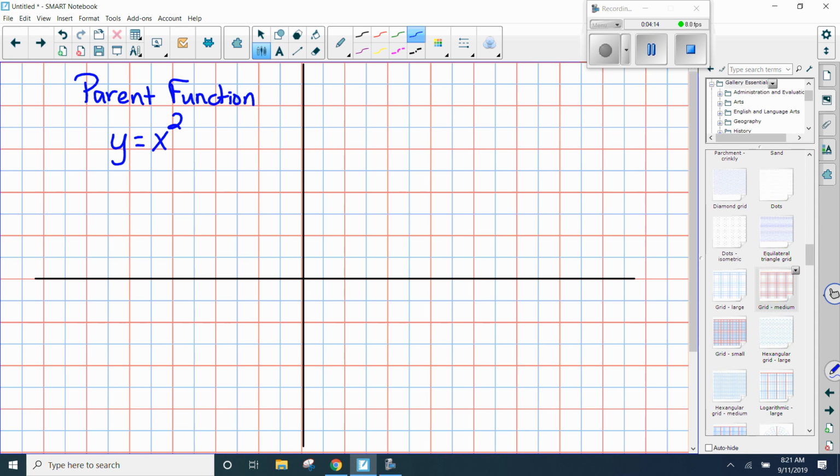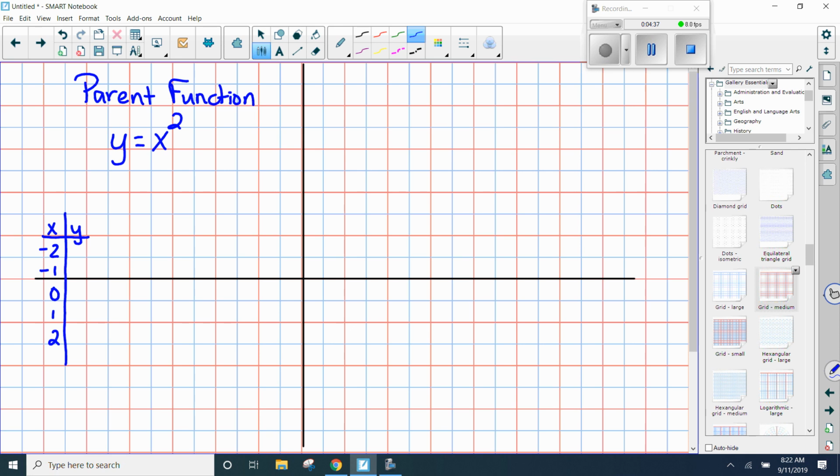A parabola. And whenever you want to graph, the key thing that you can do is just create an XY table. You pick values for x, put it into the equation, and find your outputs, and then plot those points, and you have your graph.